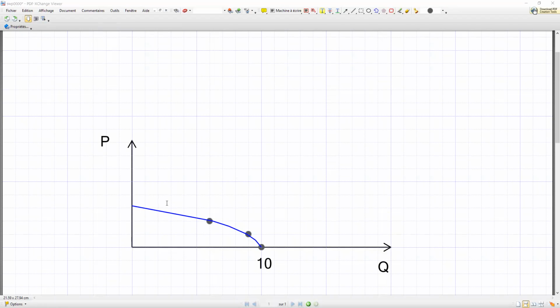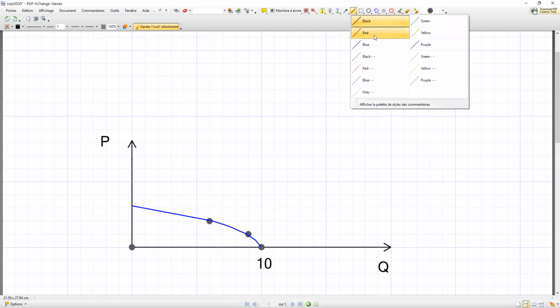And then for supply, I have 0, 0, and 2, 6. So 0, 0, and 6 and 2. So that's right. So I can have my nice supply curve.